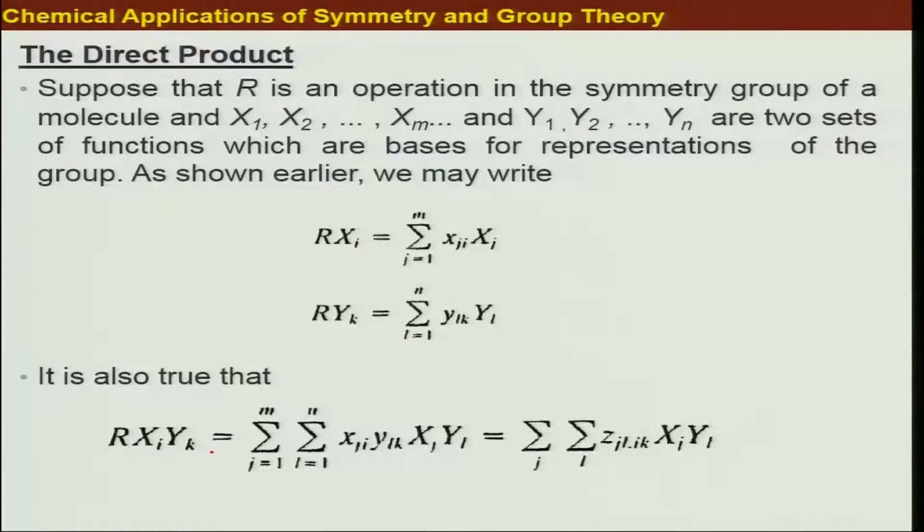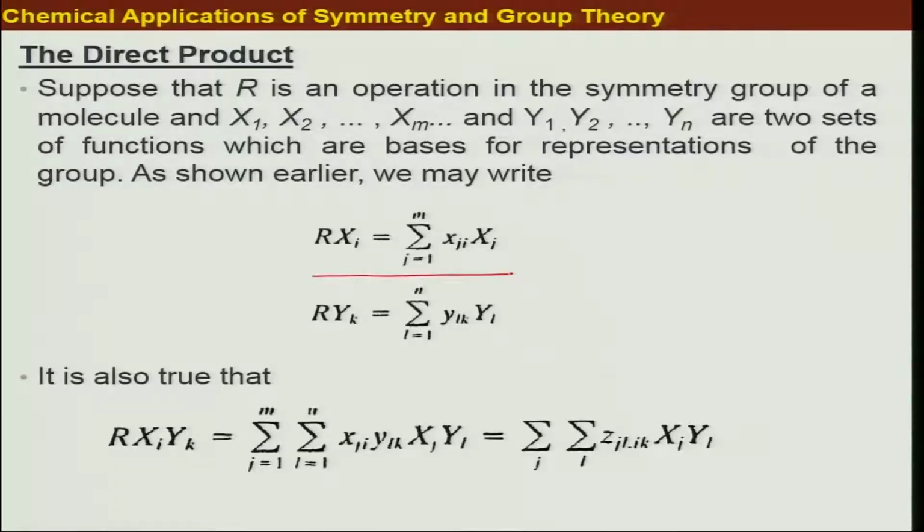x2 up to xm and beyond, and y1, y2 up to yn are two sets of functions which are the basis for representation of the group. In that case, what we can write is given here.